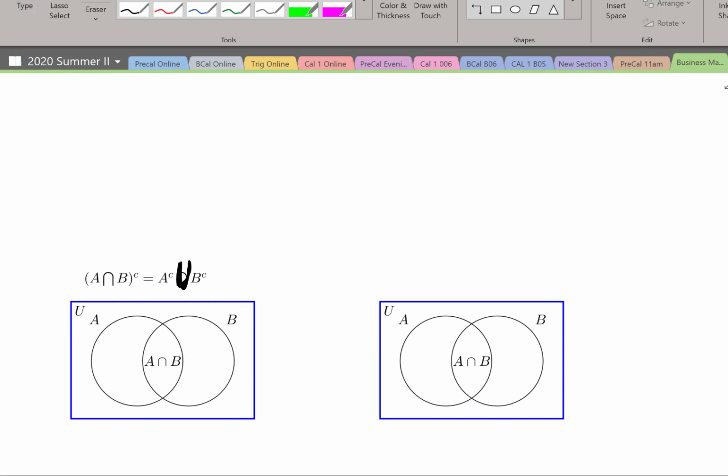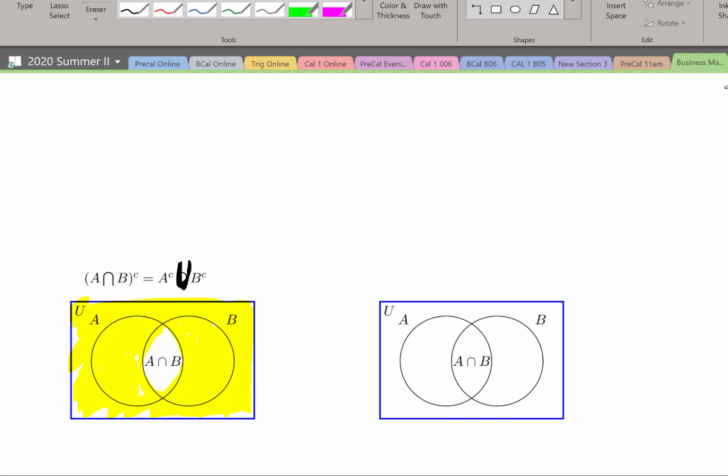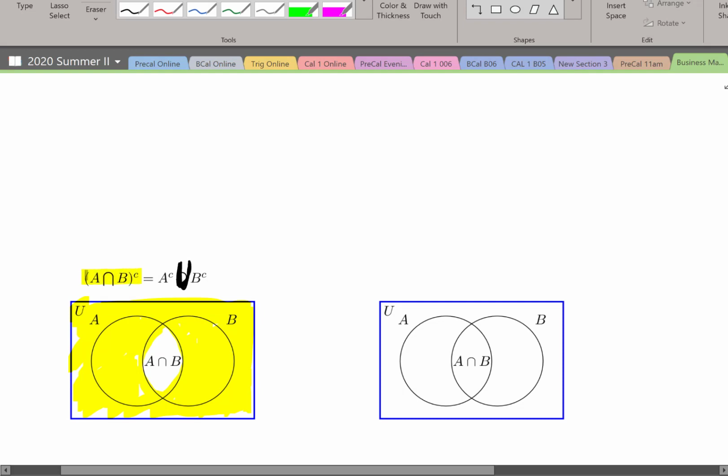All right, so the intersection of A and B, and it's the complement of that, so it's everything outside. And then we go to A complement on the right-hand side of the equation.